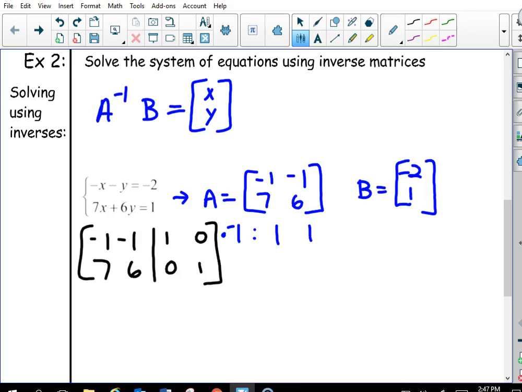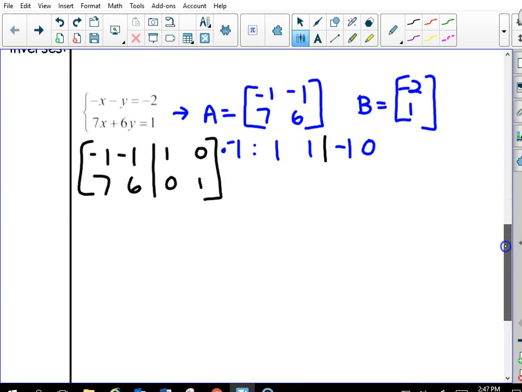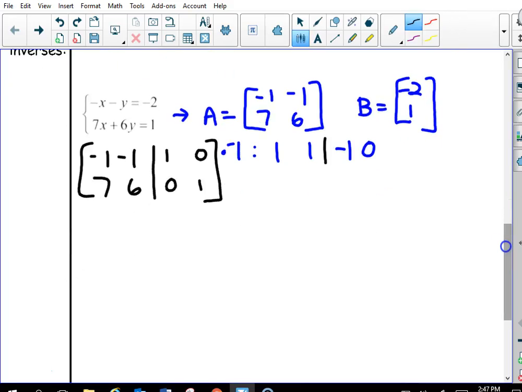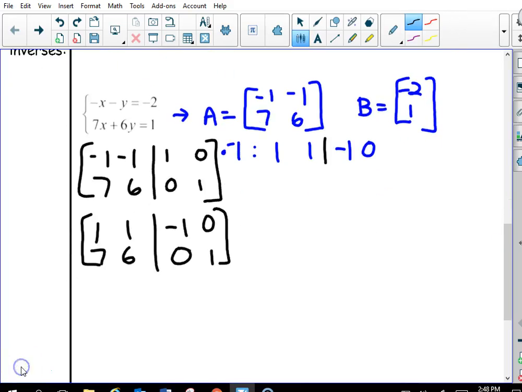Happen to also get a 1 there, and then I multiply by -1, I get a -1 on the right-hand side and a 0. So my new matrix, I replaced row 1 with the multiplication by -1.